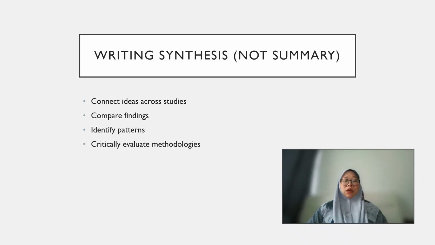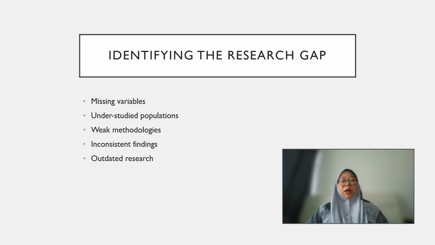You might want to ask yourself, what do these studies collectively show? What do they fail to address? What direction do they point toward? The research gap emerges naturally once you synthesize past studies.